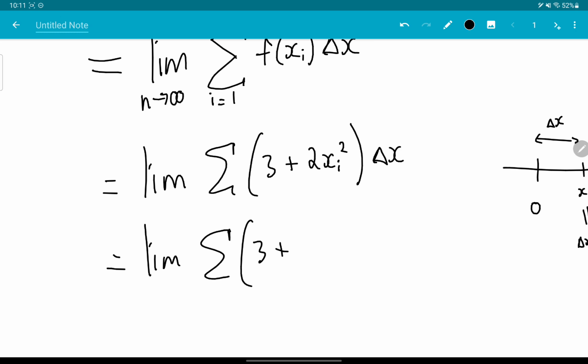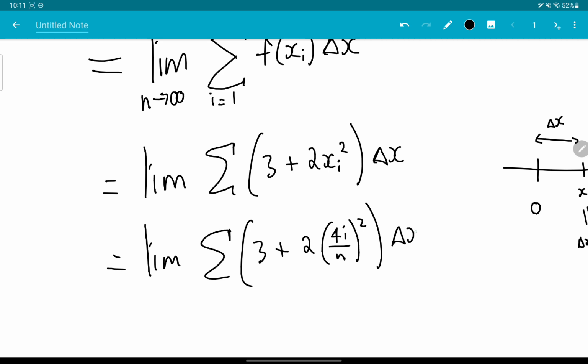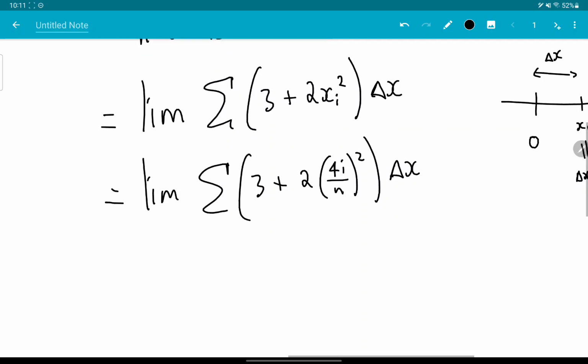Three plus 2, and I get 4i over n squared. Ooh la la. Oh, delta x. And then I'll work this out.